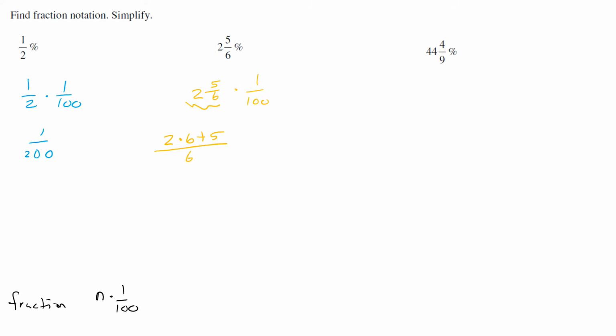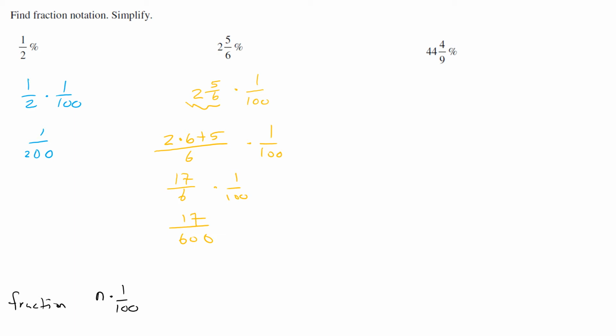And so that's going to be 17 over 6, and then that's still times 1 over 100, and so we get 17 over 600. 17 and 600 don't share a common factor, 17 actually is prime, so that's going to be our fraction notation.